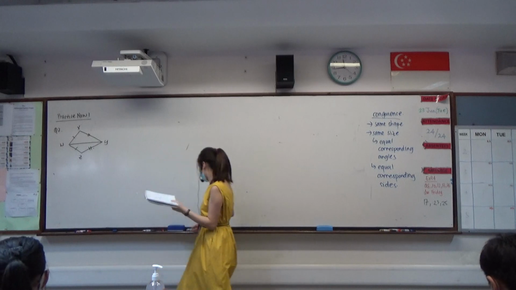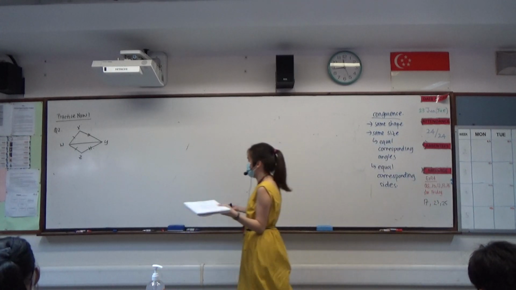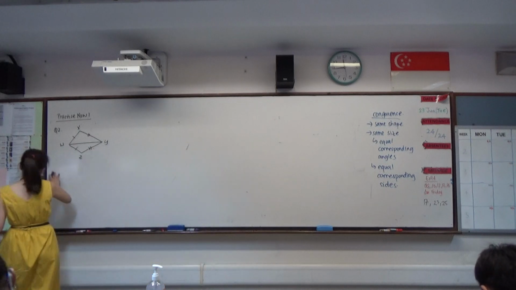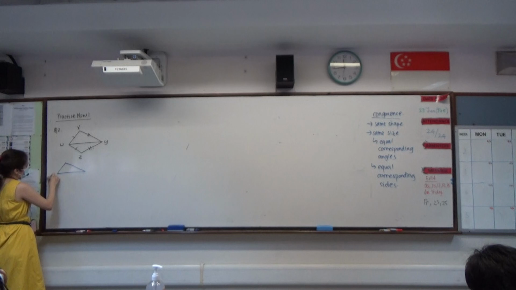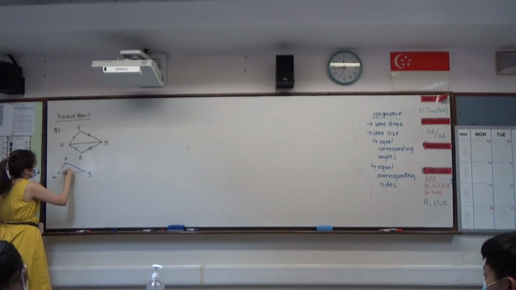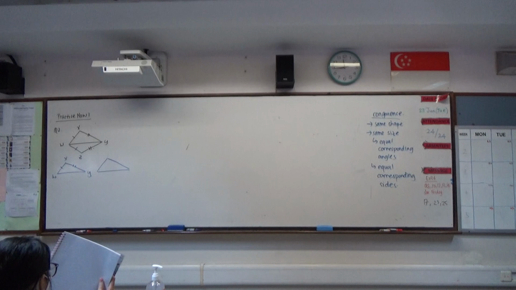Something that I find very useful for myself is to draw two triangles side by side, in the same orientation. So for WXY, I have it in this manner. Then the other one I draw in the same orientation as WXY. They don't have to be exactly the same, it's just a guide for reference.